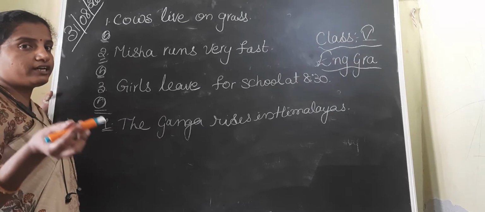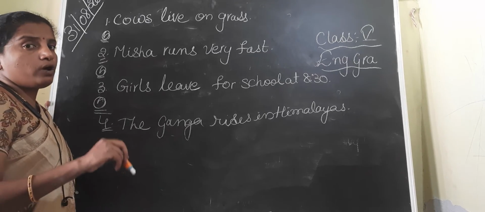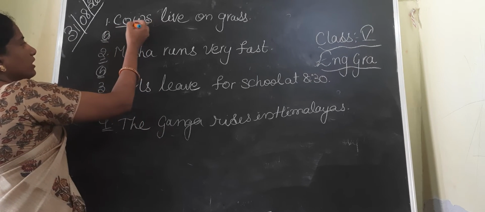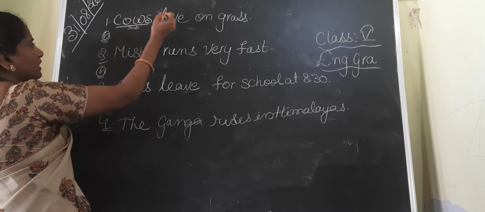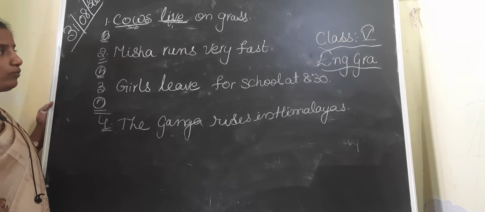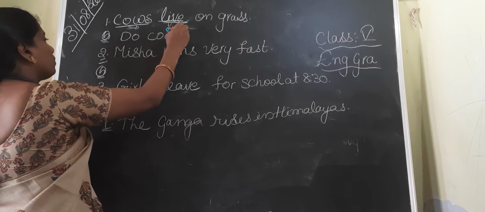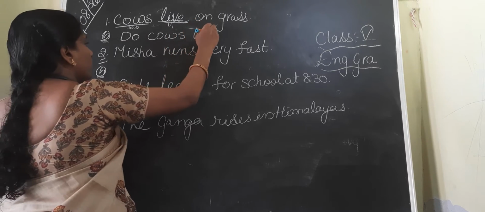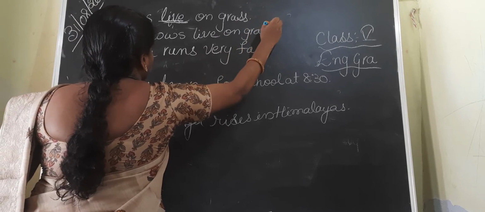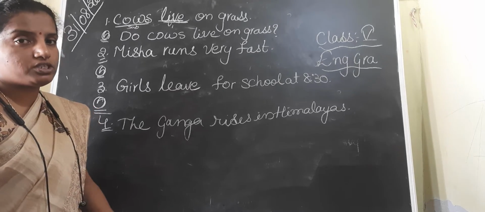What I said to you, children, whenever you are writing the negative form or the question form, first you have to identify the subject and the verb. Here we are talking about the cows. Here cows is the subject and live is the V1. Whenever there is V1 and the plural subject, we have to start our question with do. Do cows live on grass? Question mark. Question mark is very important, children, whenever you are writing the question form.